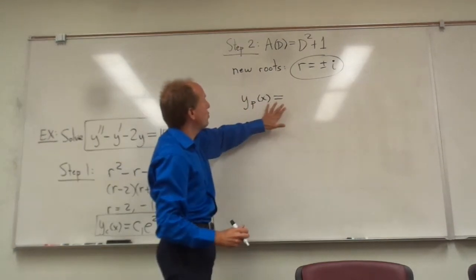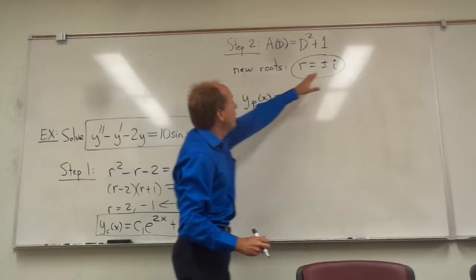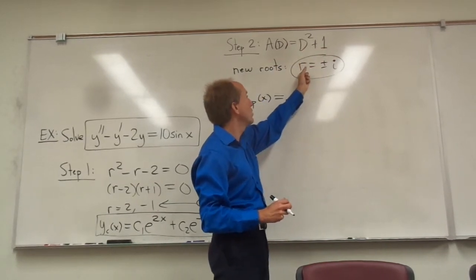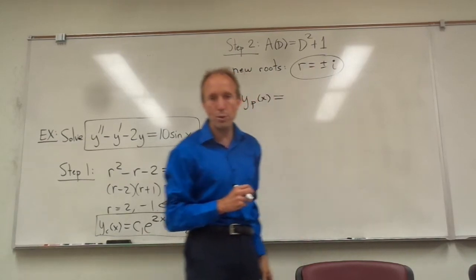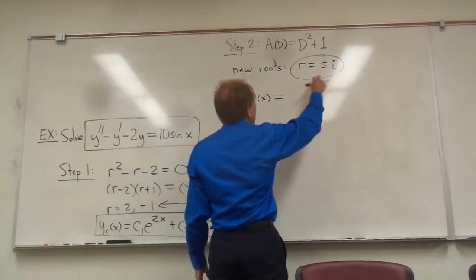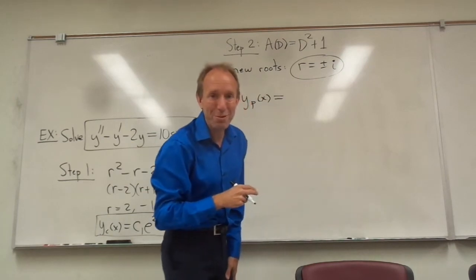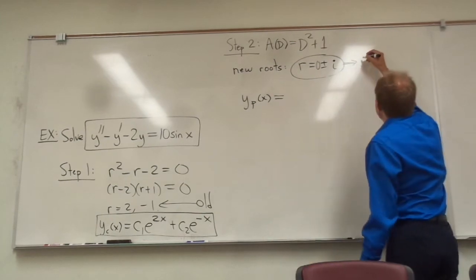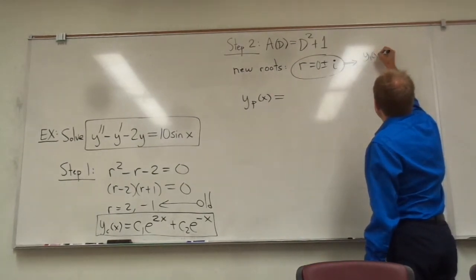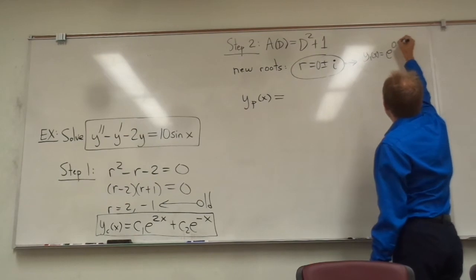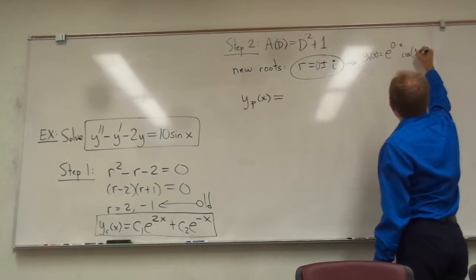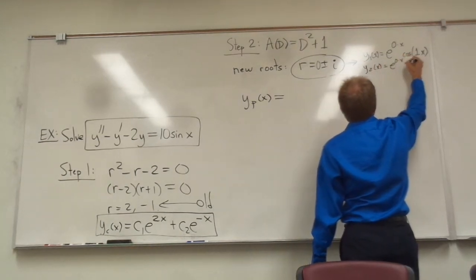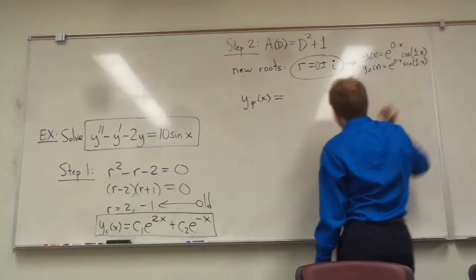The particular solution really just comes now from writing down the expression that coincides with the solution that has those two roots. And the answer to that is just going to be sines and cosines, if you remember. So this is 0 plus or minus i. So you're going to get solutions e to the 0x times cosine of 1x, and the second solution is just e to the 0x times the sine of 1 times x.